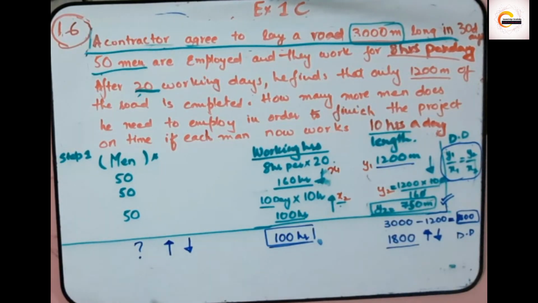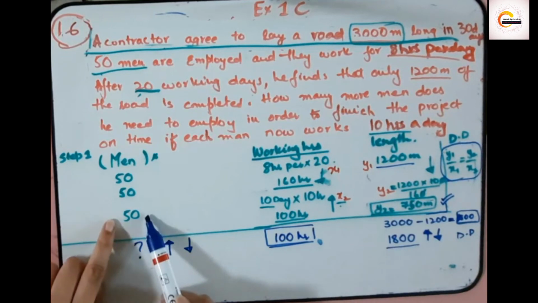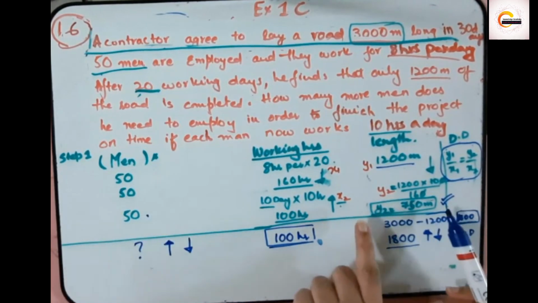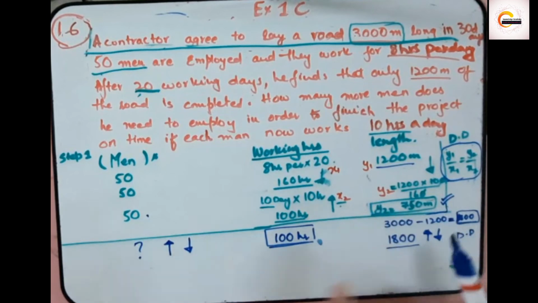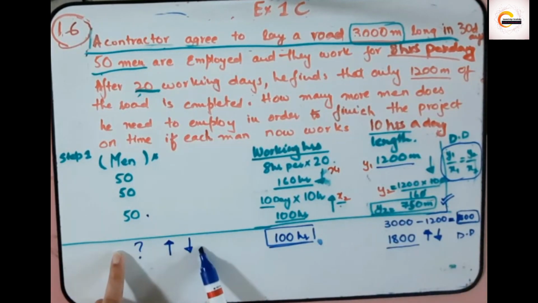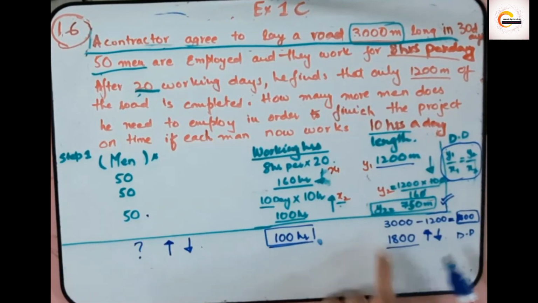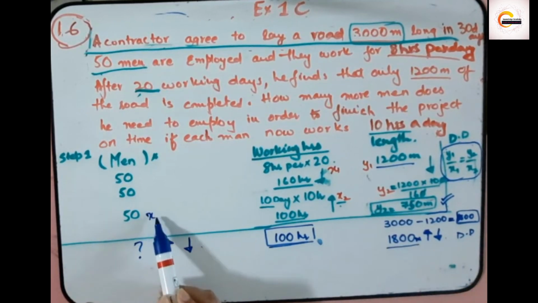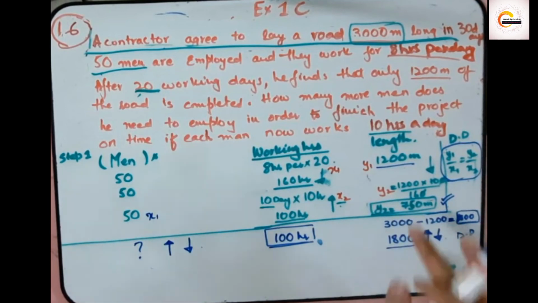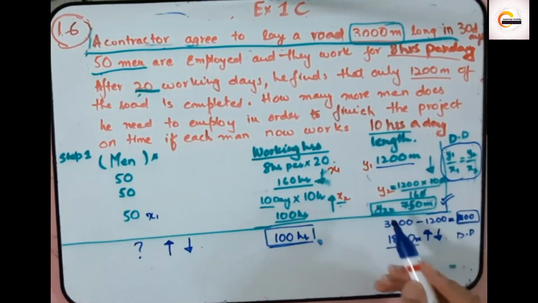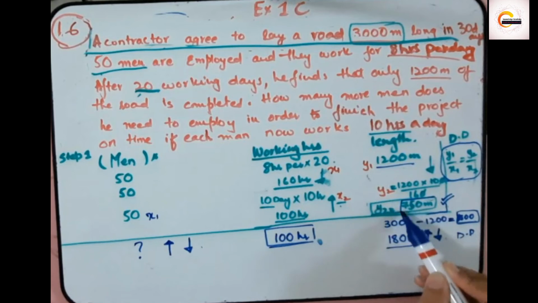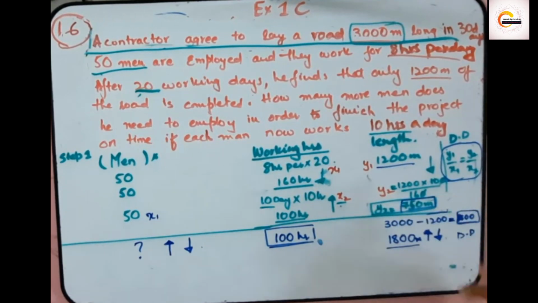Why are we going to use this formula? Because we have seen that if 50 men work, they will produce 750 meters. How many men are required to produce 1800 meters, right? So this is going to be x1. 750 meters is going to be our y1.